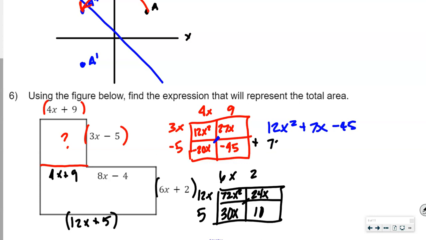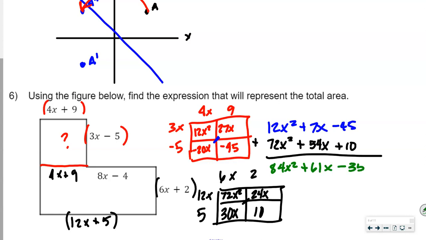So this is going to be 72x squared plus 54x plus 10. So now we're combining our like terms to get our answer. So that's going to be 84x squared plus 61x minus 35. So that is the area of the whole thing, okay?